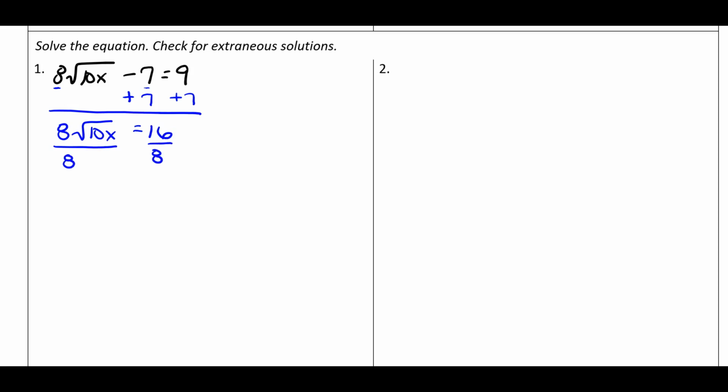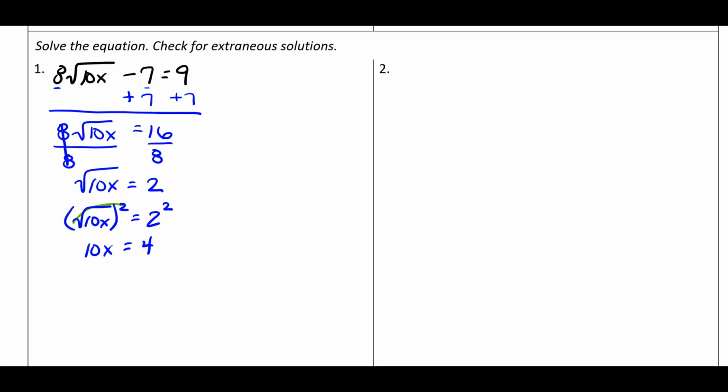This is only one term, 8 square root of 10x, so the 8 becomes a 1, and I have the square root of 10x equals 2. To undo a square root, you've guessed it, we need to square both sides. By doing so, we eliminate this radical, and we're left with just 10x. On the right side, we have 4.